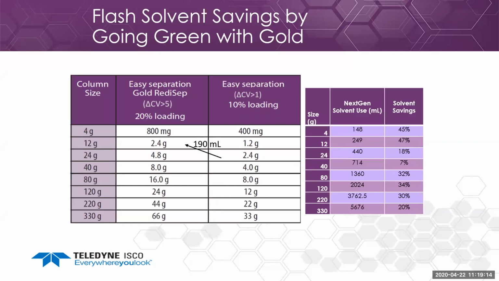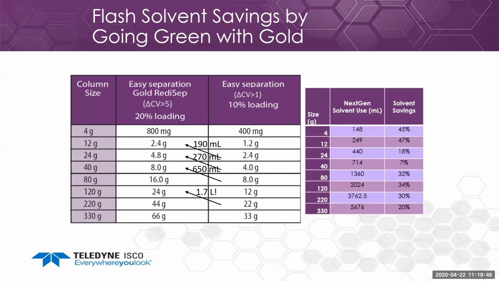And so if I had 2.4 grams of compound, I could choose a 24 gram regular ReadySep column, or I could choose a 12 gram gold column. Just using a default method, I would save about 190 milliliters of solvent by going to that smaller column. The savings are even more drastic as I increase the size of my compound loading. So I would save 270 milliliters by going from a 40 gram ReadySep to a 24 gram ReadySep gold column.